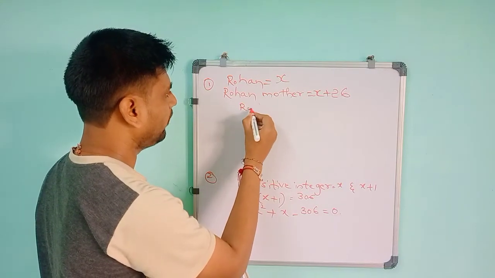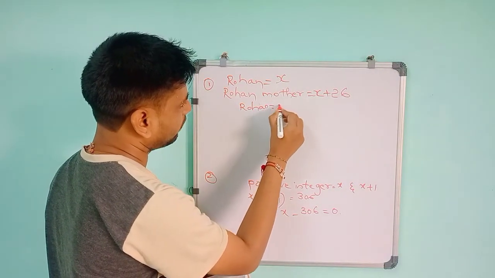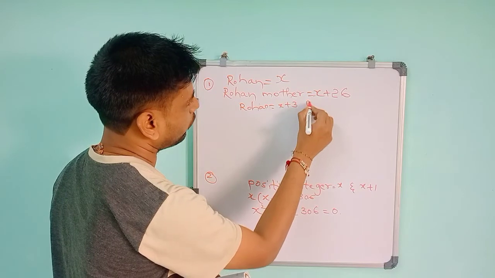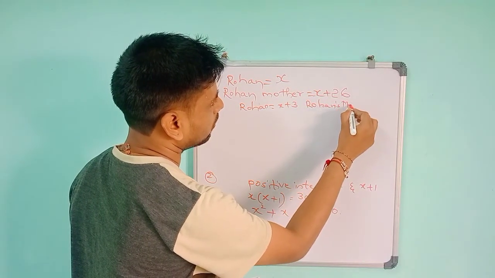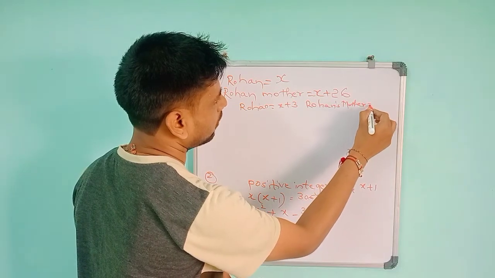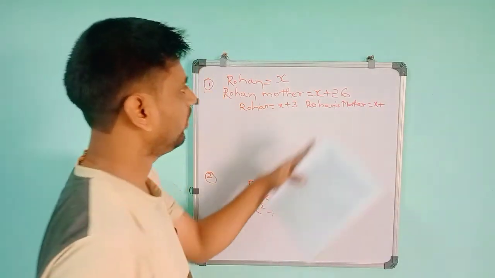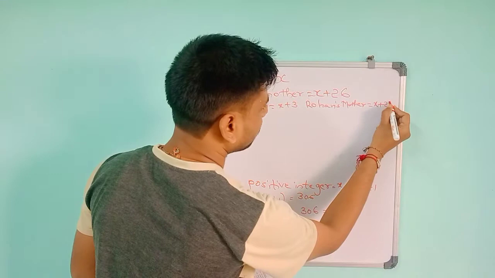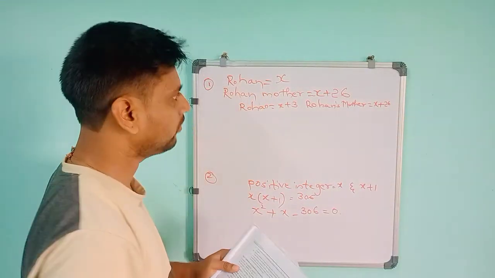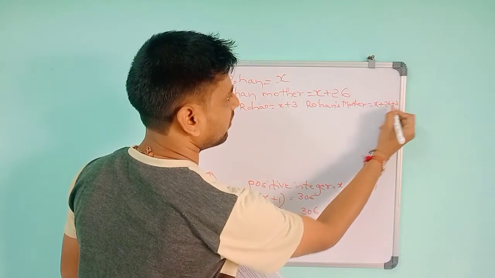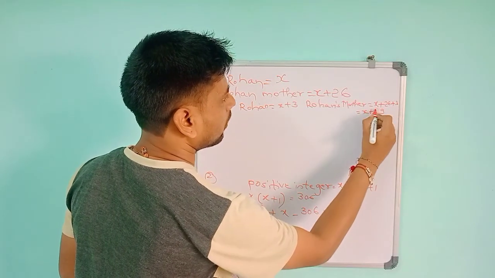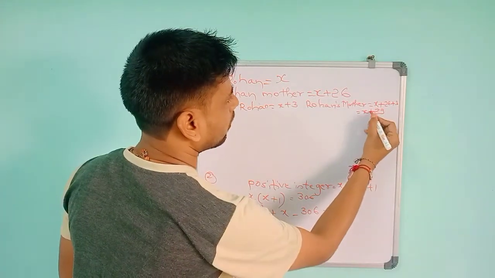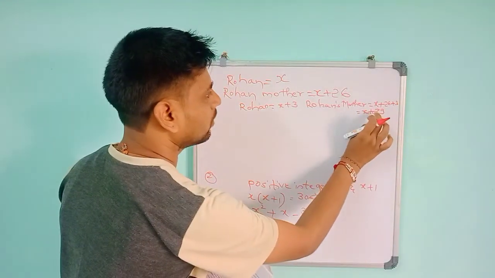So Rohan will be x plus 3 and Rohan's mother will be x plus 26 there. 26 plus, it is also increasing, no, so plus 3, so x plus 29.